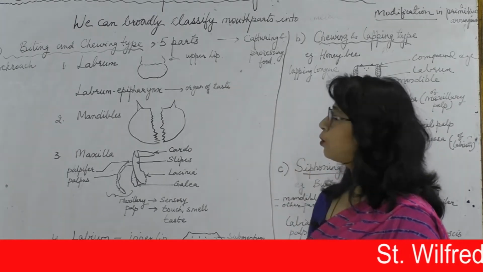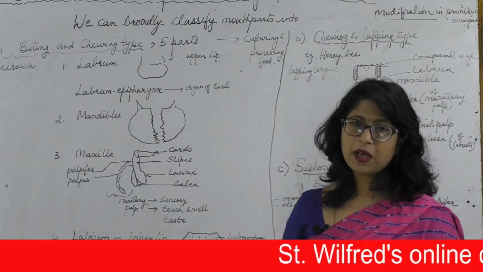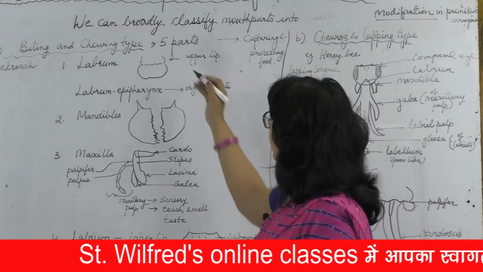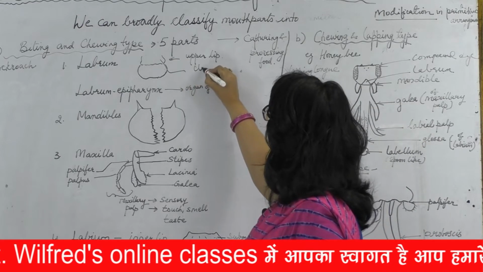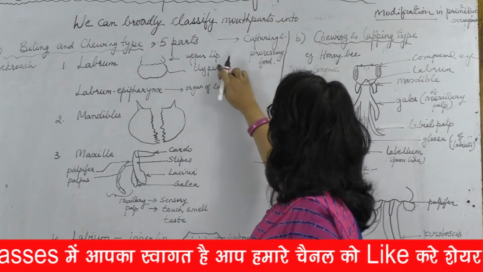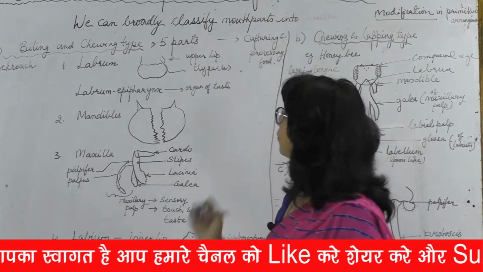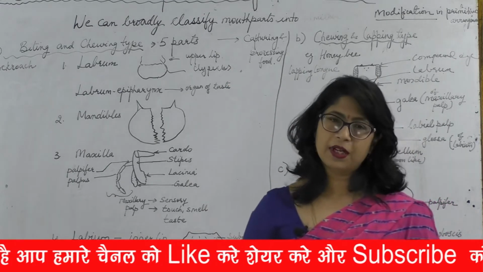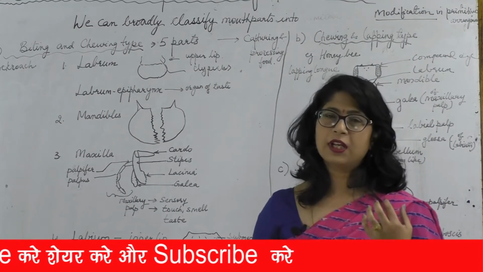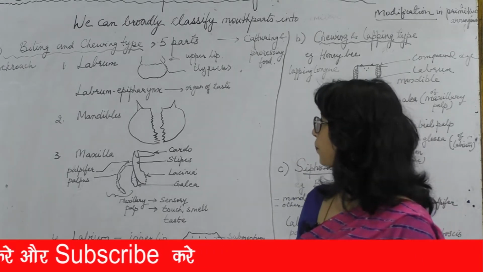Labrum is also known as the upper lip, and it is connected with the cranium or the head by a part which is known as clypeus. It enables the insect to pull the food inside the mouth cavity.